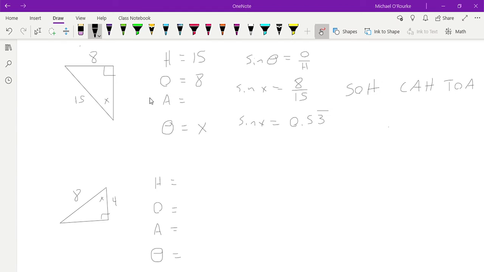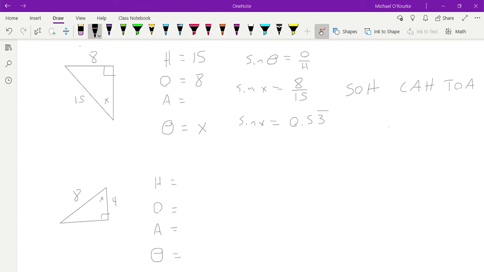When we go over the trig table, here in sine, 0.533 is somewhere in between these two. Realistically, it's closer to 32. So you mark it as 32 degrees.